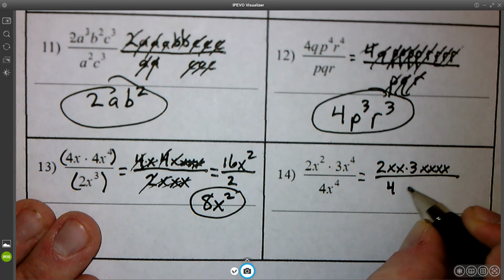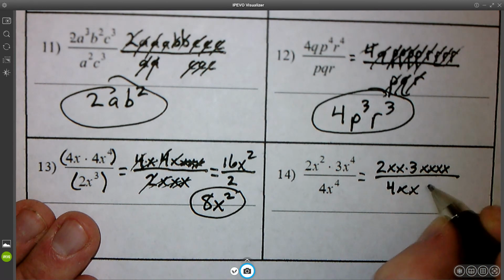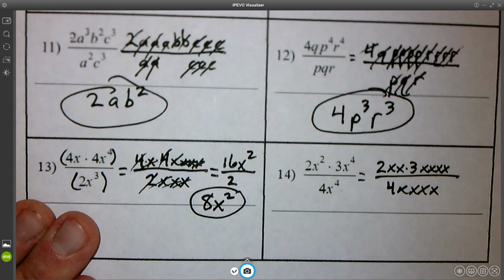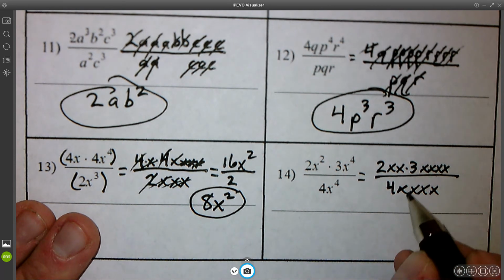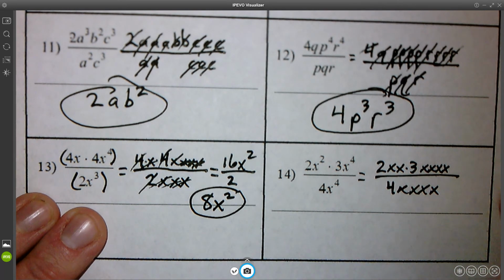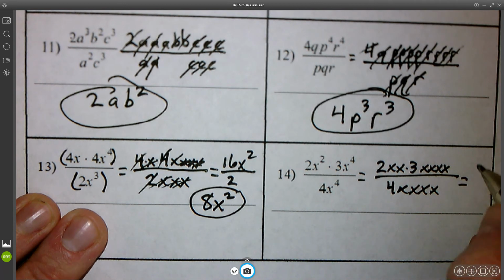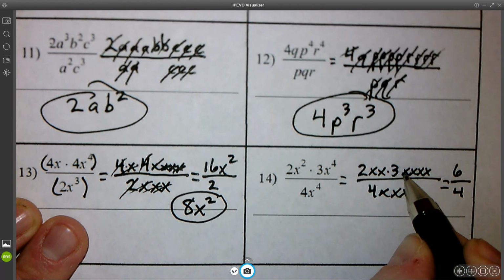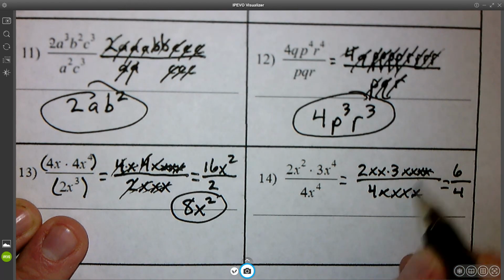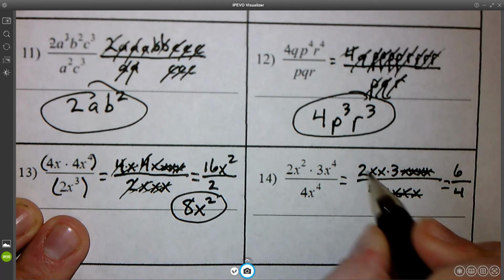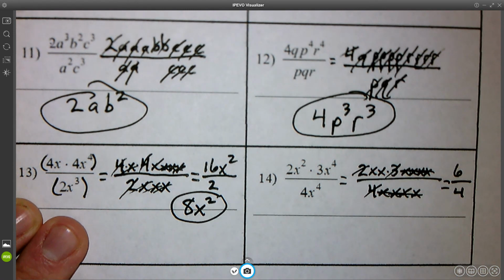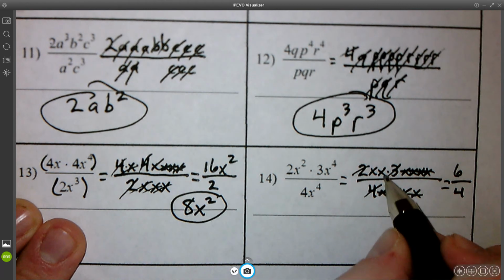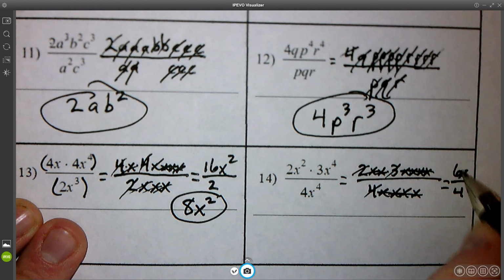We've got 1, 2, 3, 4 x's, right? So 3 times 2 is 6 over 4. We've got 1, 2, 3, 4. x has gone away. We got rid of our 2, our 3, and our 4. We're left with 2 x's, so x squared.